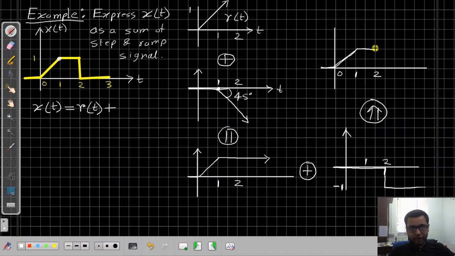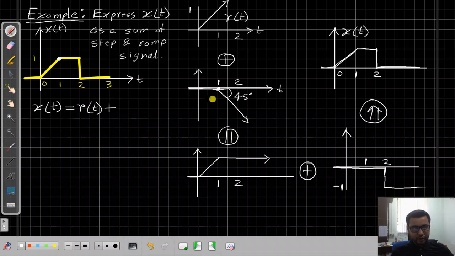After this point, this has a value of 1 and this has a value of minus 1. When you add these two, the result will be 0. So it will come down and become 0 forever after. And this signal looks the same as x(t). Therefore, I can write x(t) as a sum of this plus this.